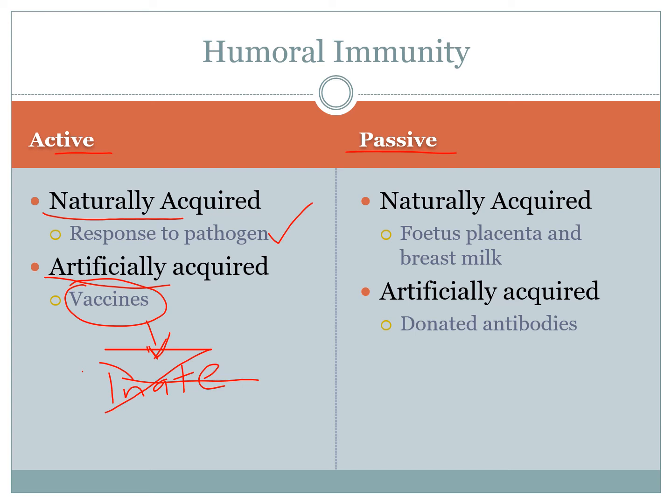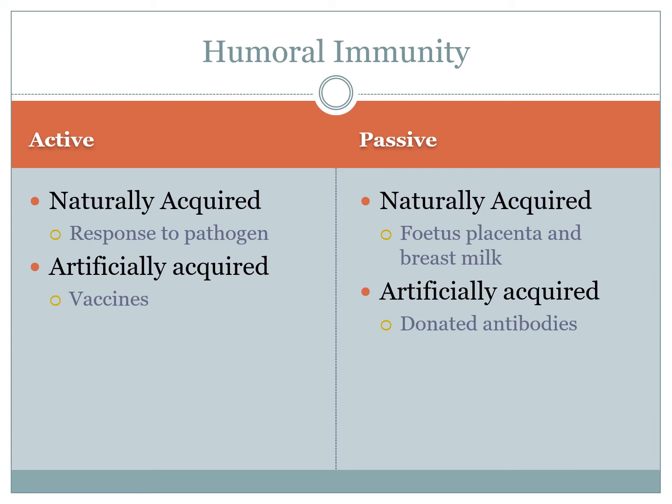So it does not involve the initial innate response. Believe it or not, that plays a big role in how long the memory cells are going to hang around. Without the communication with the dendritic cell or the macrophage, the memory B cells will not hang around as long.